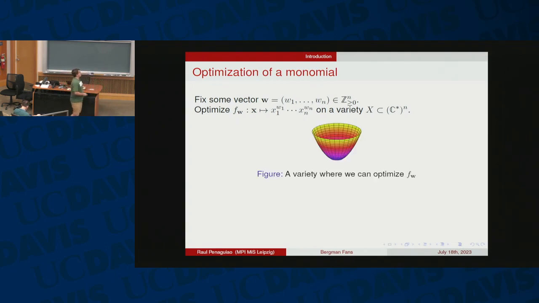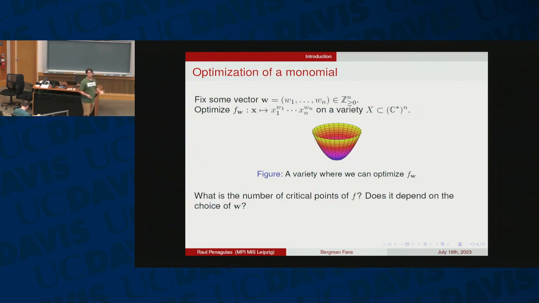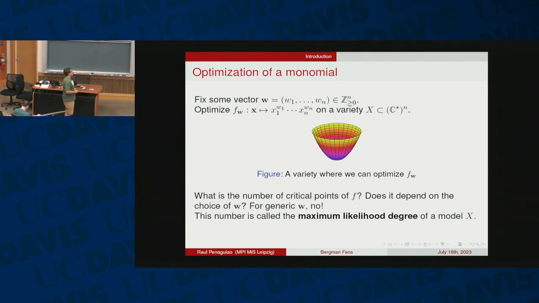And this is an example of a variety. The number of critical points of this function actually does not depend on W, on the vector that we start with, if it's generic enough. It's a property of the variety, and it's normally called the maximum likelihood degree.